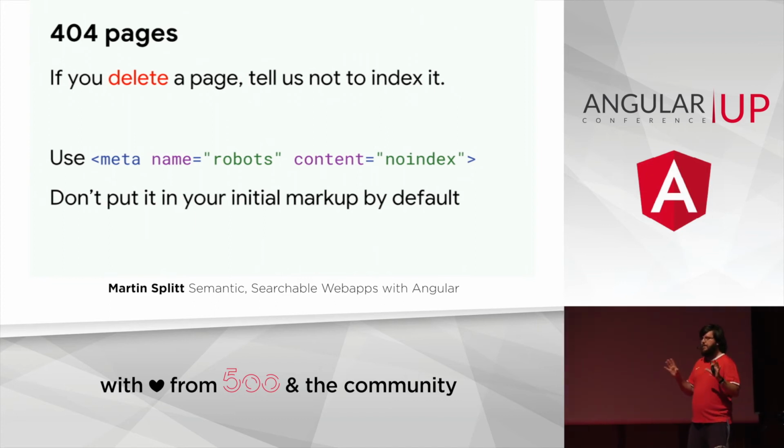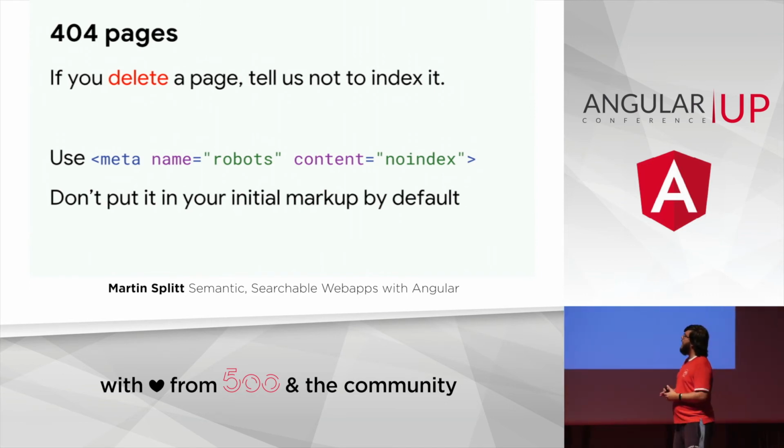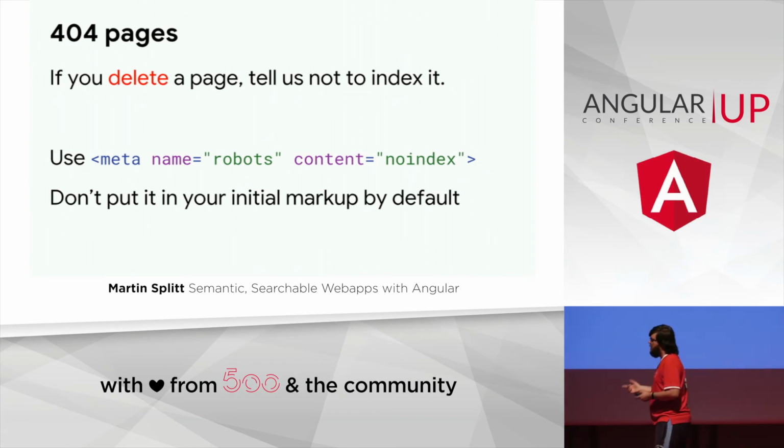If you delete it like this, please tell us that you did, and we'll happily take the hint with a noindex. But what we have seen, unfortunately, is that some people might go, oh, this is a 404 page, and we are using Angular here or any other framework, so we're going to put a meta tag noindex already in, and then we see what's going to happen. Right? That's fine. That's cool.